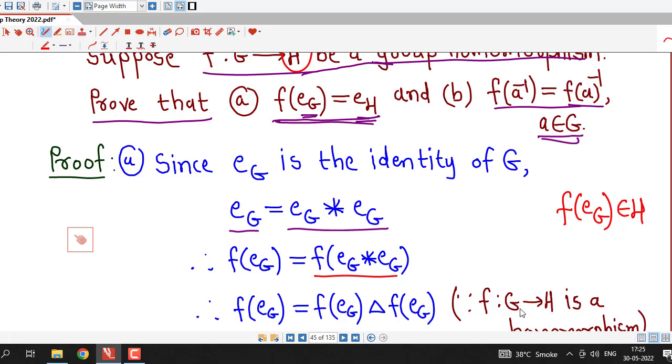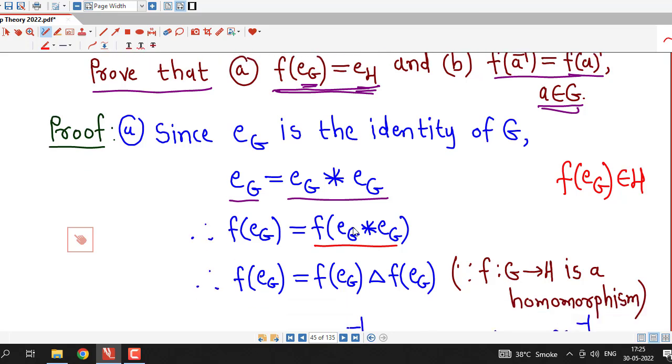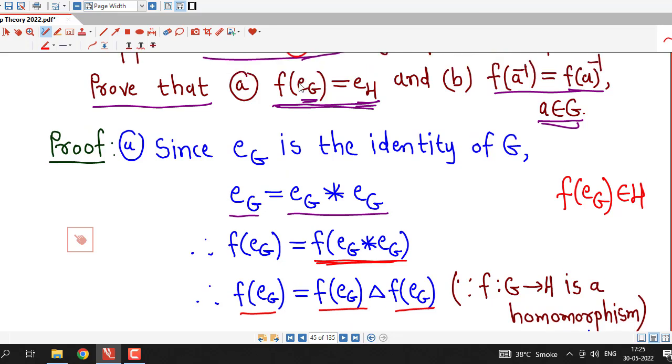So because f is a homomorphism, we are using the definition of homomorphism here. f of e G star e G equal to f of e G delta f of e G. So we have shown that f of e G delta f of e G equal to f of e G, and we want to prove that f of e G equal to e suffix H.